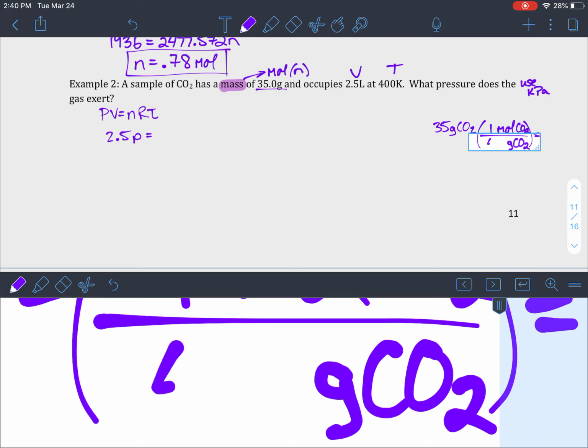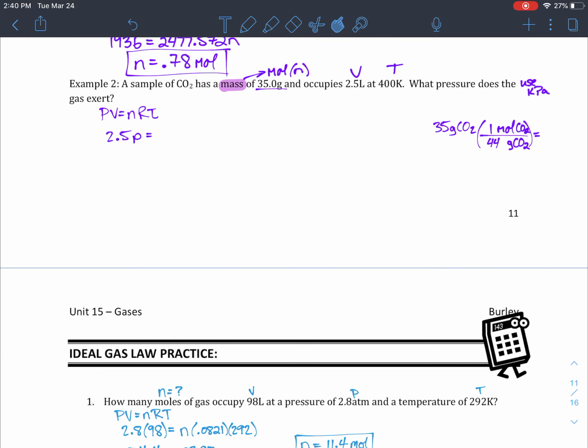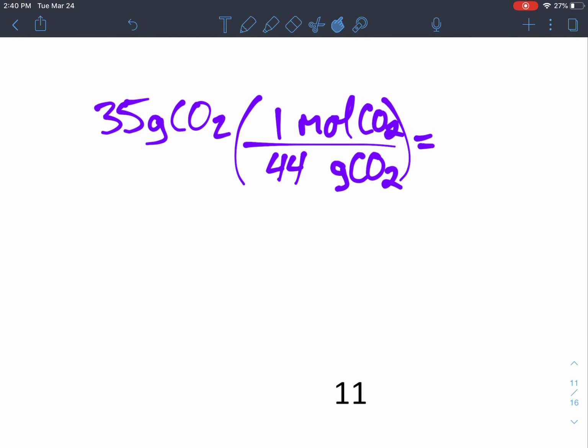The molar mass of CO2 is 44. If you wanted to be super precise, it's 44.01. So we just divide these out. 35 divided by 44, and that is 0.795.